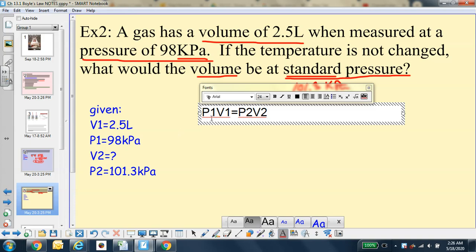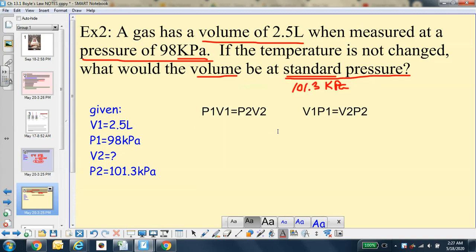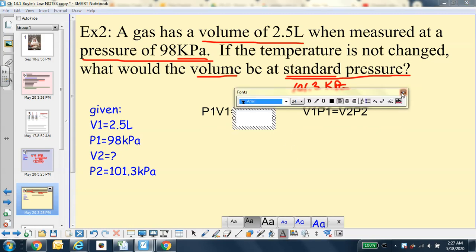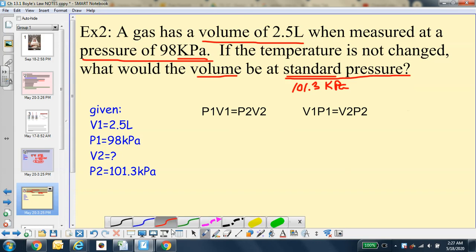Now, it really doesn't matter if you write P1 times V1 equals P2 times V2, or if you write volume 1 times pressure 1 equals volume 2 times pressure 2. It really doesn't make any difference. So what we're going to need to do is divide.